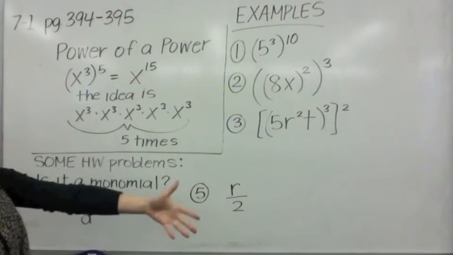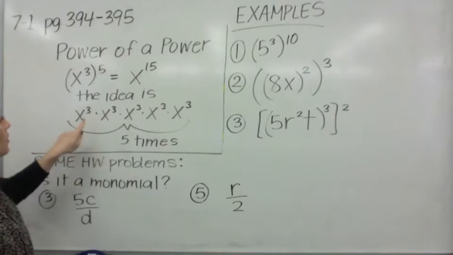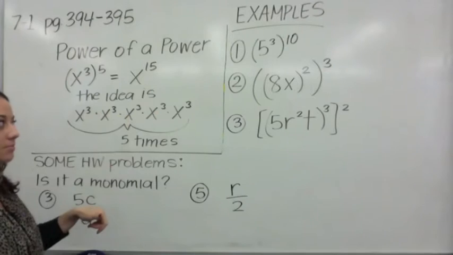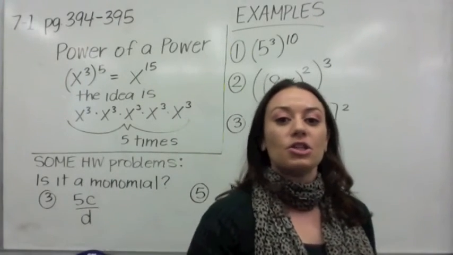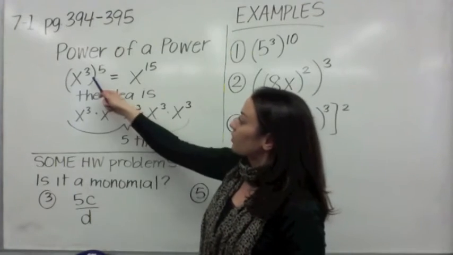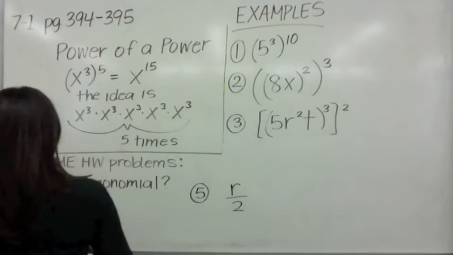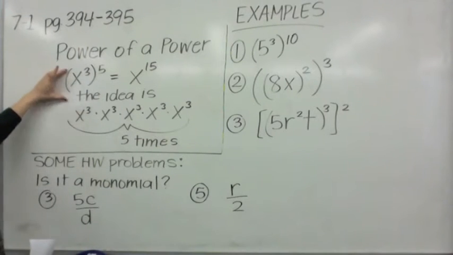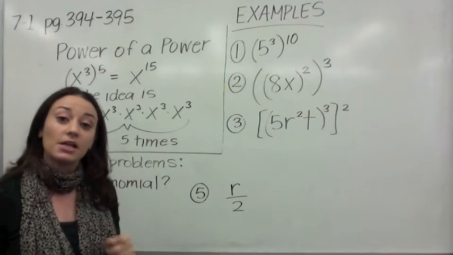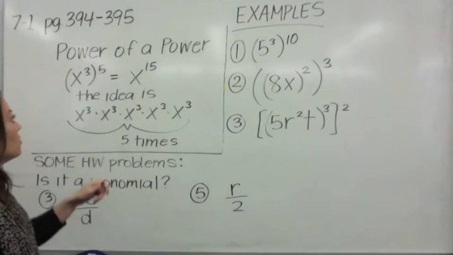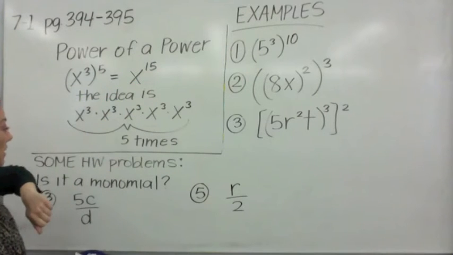Okay? So if you apply the property that you just learned, you would say, oh, okay, well really what I'm doing is I see 3 5 times, and instead of adding 3 plus 3 plus 3 plus 3 plus 3, the shortcut is to just do 3 times 5. Okay? So when you see a term that's in parentheses that's being raised to a power, you simply just multiply the exponents together, okay? So x cubed to the power of 5 becomes x to the power of 15.